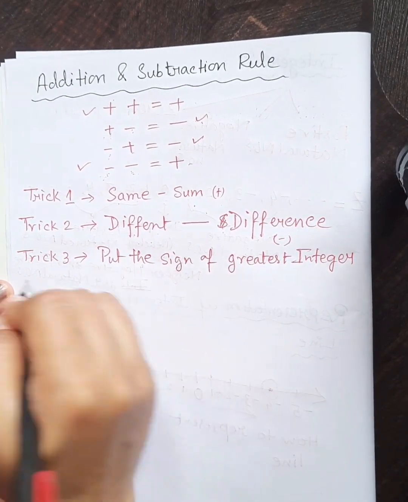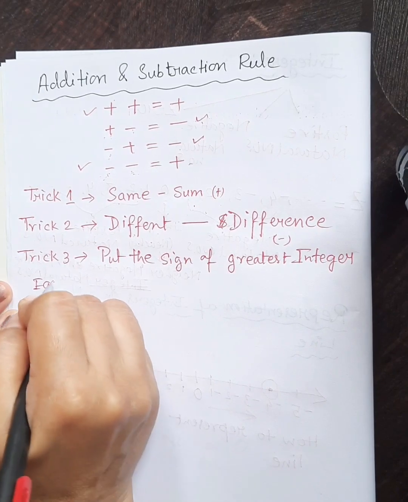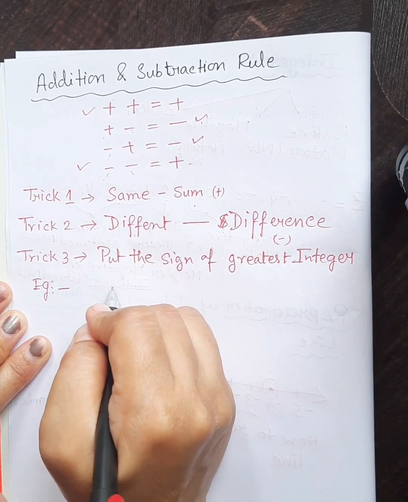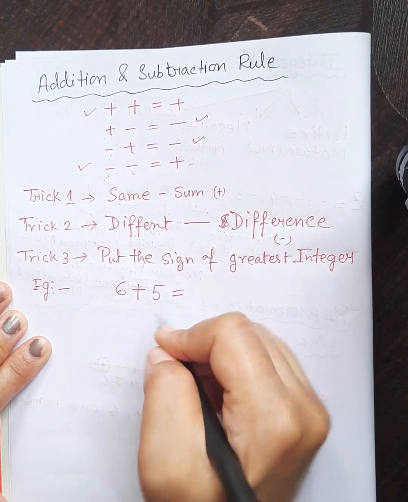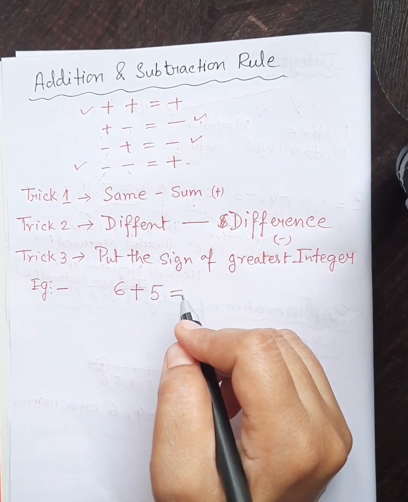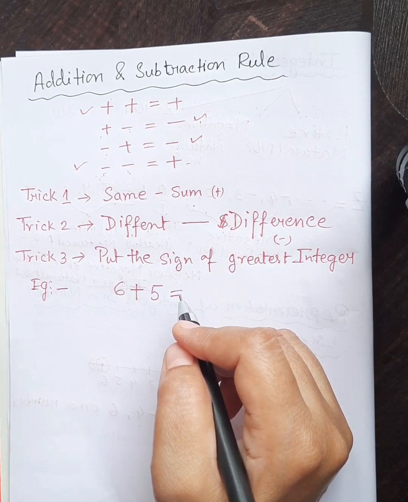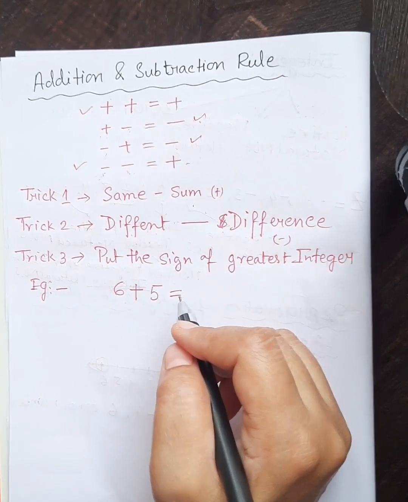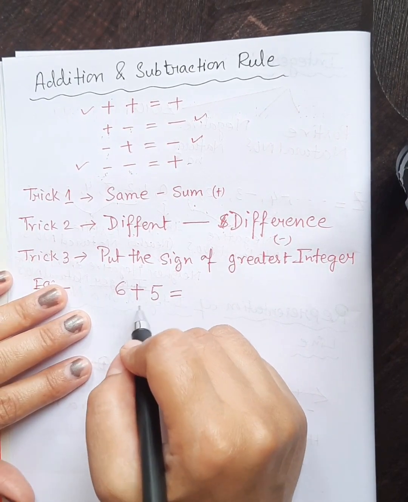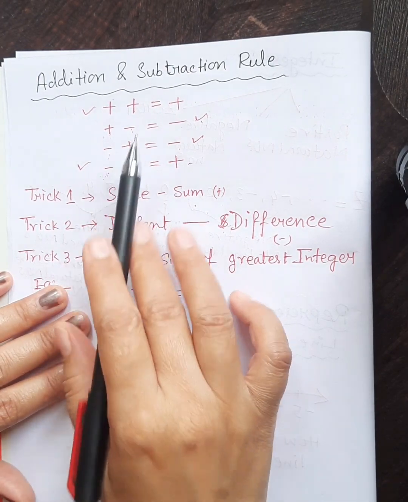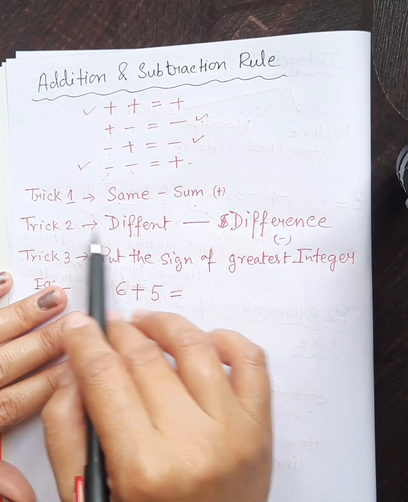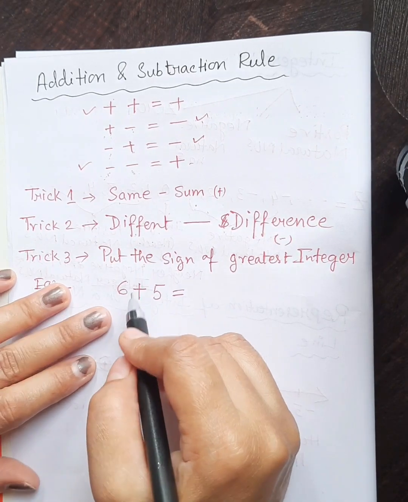So first example, suppose 6 plus 5. Everybody knows how to do addition, but here we think about these types of tricks.